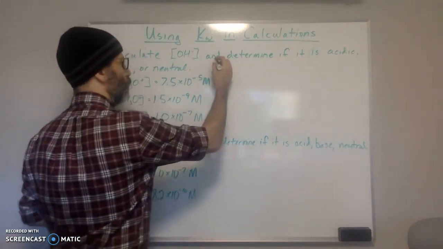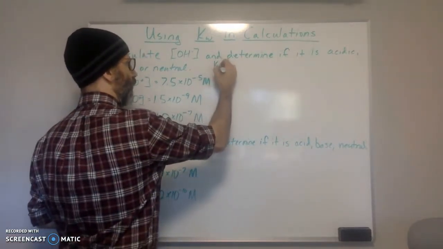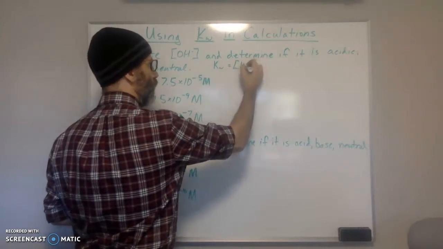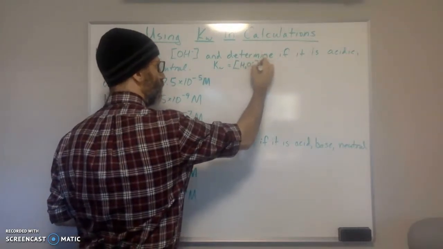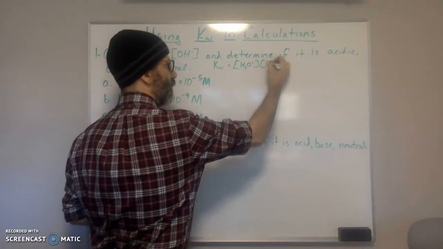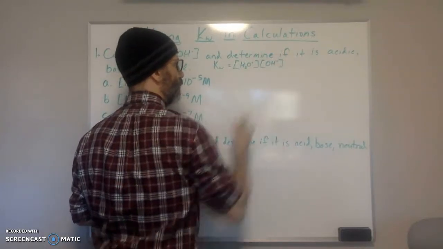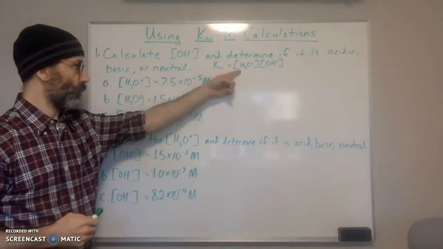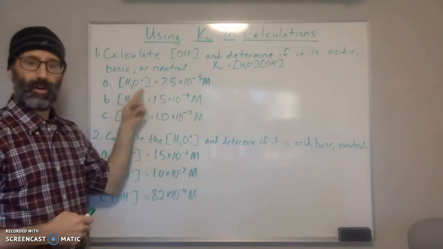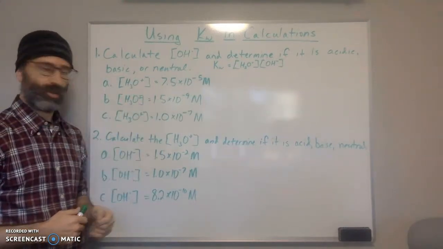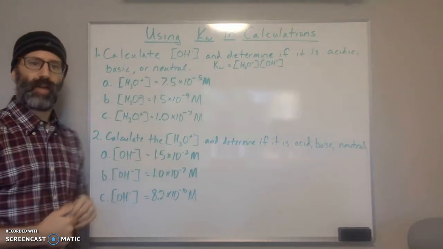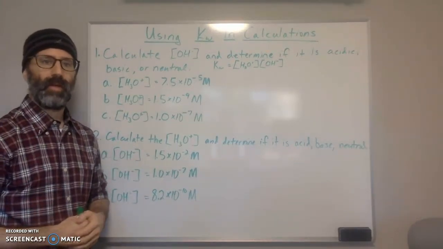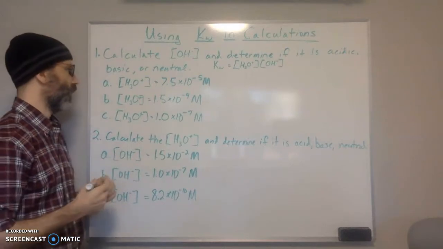So if you know this, your Kw is equal to the H3O plus concentration multiplied by the hydroxide ion concentration. So as long as you know this and you're given either the H plus concentration or the hydroxide ion concentration, you should be good.